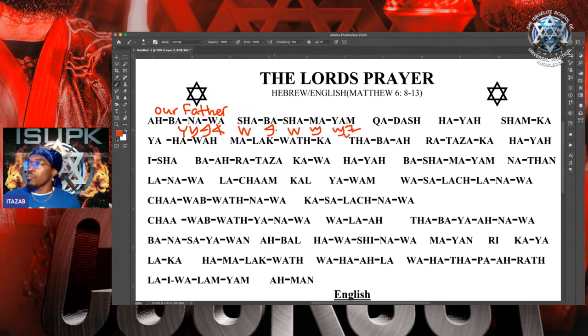Okay, so Sha, Ba, Sha, Ma, Yum. All right, right to left. I know that might have confused you because I'm writing from left to right, but this being connected is Yum from right to left. Please let me know if it's confusing to y'all or if you need me to write it a different way. I will.